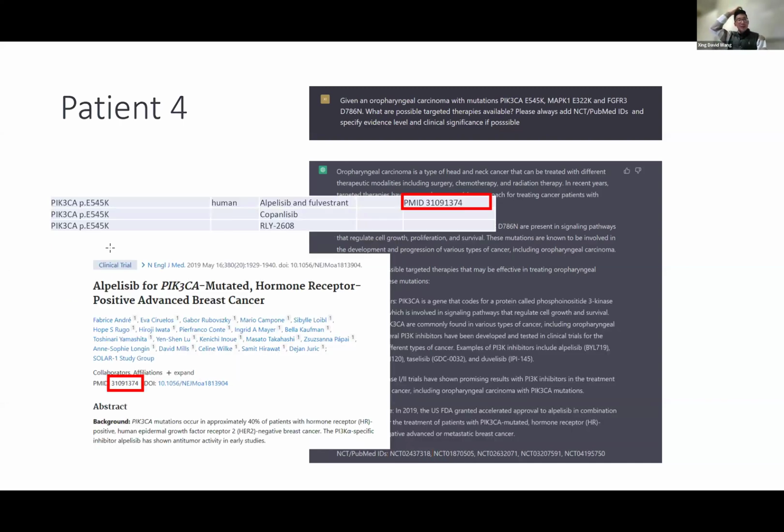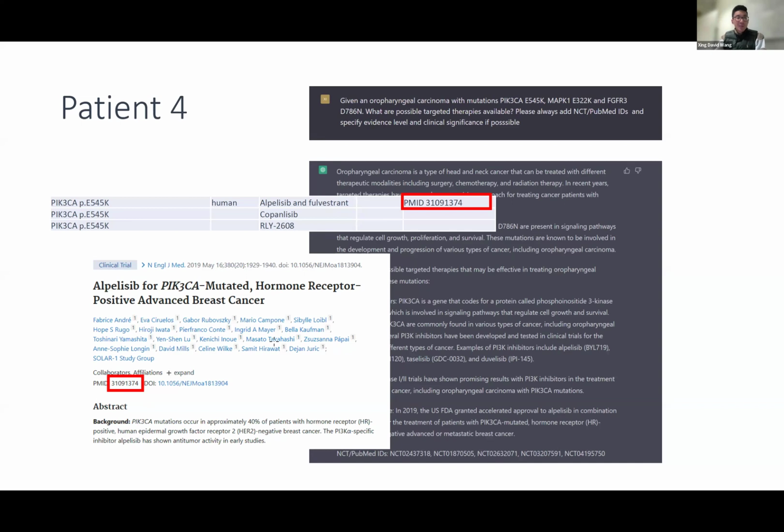And if we compare to the human gold standard evaluations, which we had carried out by a clinician of the Charité Molecular Tumor Board, then we can see this was a similar recommendation that it gave. So the human also suggested alpelisib and fulvestrant, which is quite sensible. And it also referred to a study conducted in advanced breast cancer.